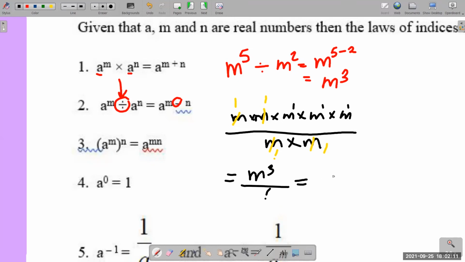And we know anything over 1 is itself. So everybody see the proof? This is our basic proof. Everybody with me? So we understand that when we're multiplying two variables, we add the powers, and we do the opposite when we divide. So when we divide two variables that are alike, we subtract the powers. All right? So everybody okay with rule number 2?